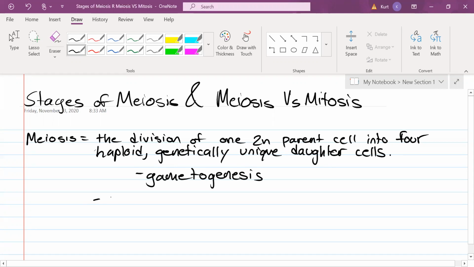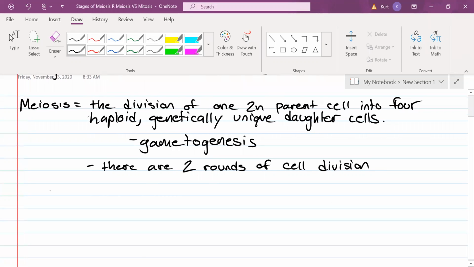Now in meiosis, there are two rounds of cell division. In round one, you go from diploid to haploid. This is called meiosis 1.